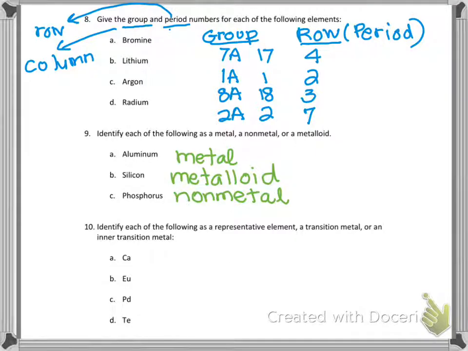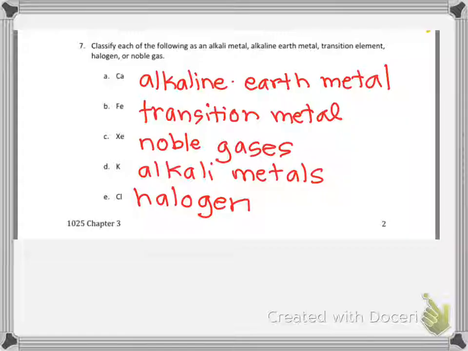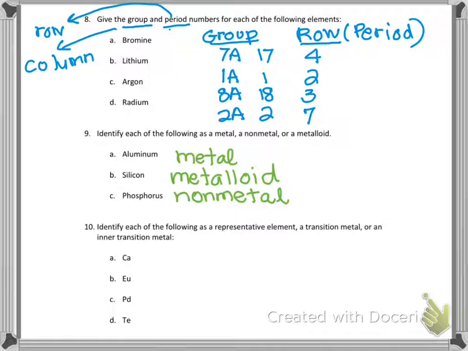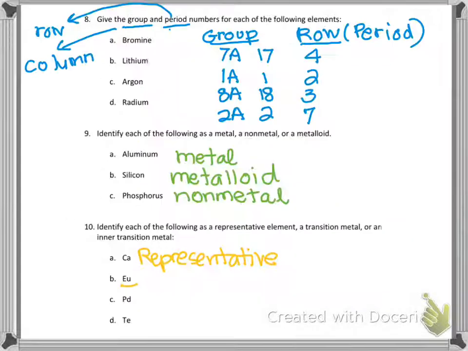So, calcium. Calcium is right here, and has an A in group 2A, so it is a representative element. Eu. Eu you might have to search around for because it's not as common. Europium, and it's down here in the inner transition elements.